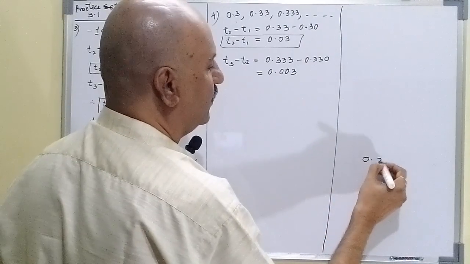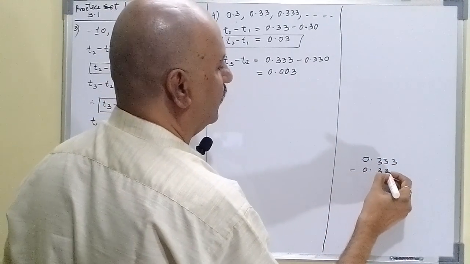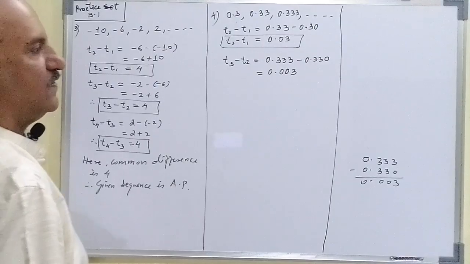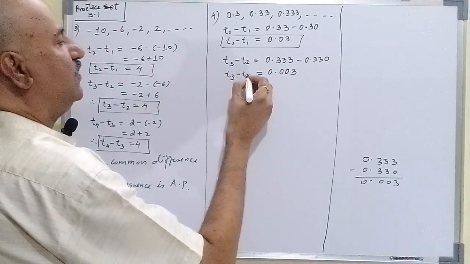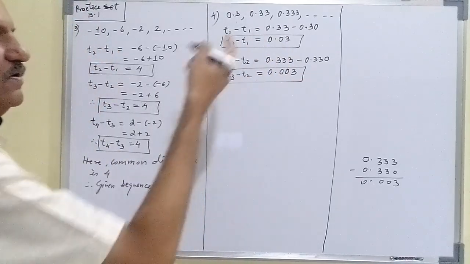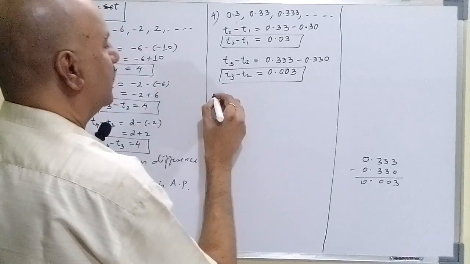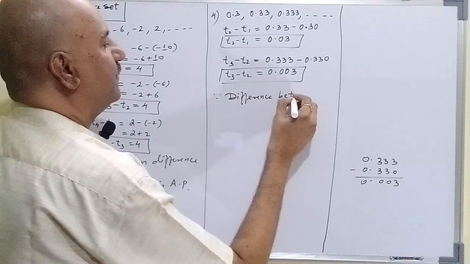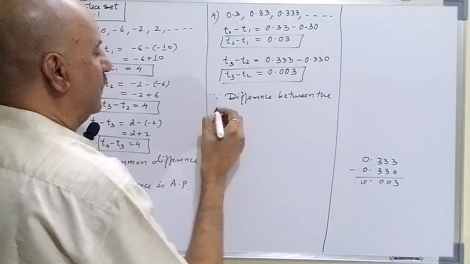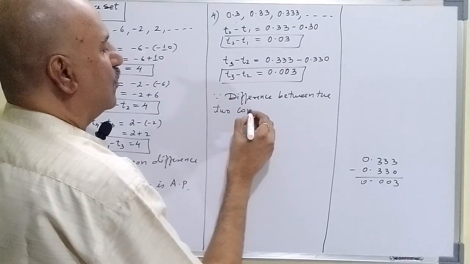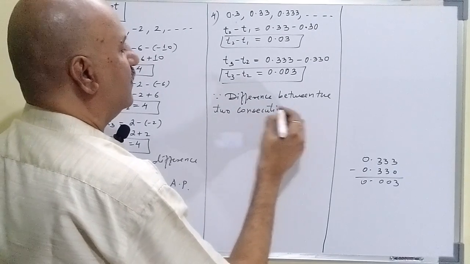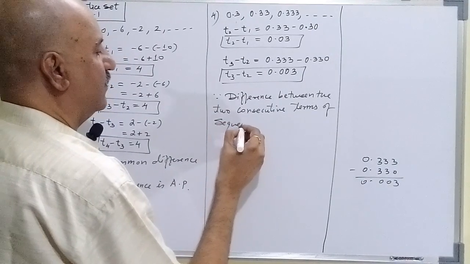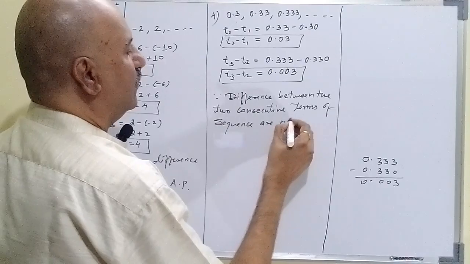See, 0.333 minus 0.330, so what is happening? This is 0.003. So this is the value of T3 minus T2. Now you can see this too: it is not common, since the difference between the two consecutive terms of the sequence are not equal.